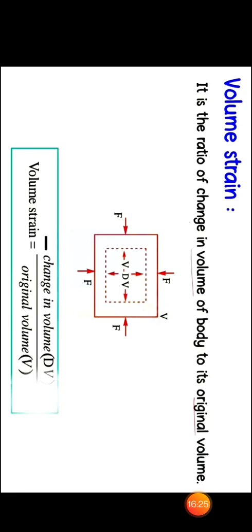Let capital V be the original volume and delta V be the change in volume due to the deforming force. Then the formula for volume strain is equal to change in volume, delta V, upon original volume, capital V.